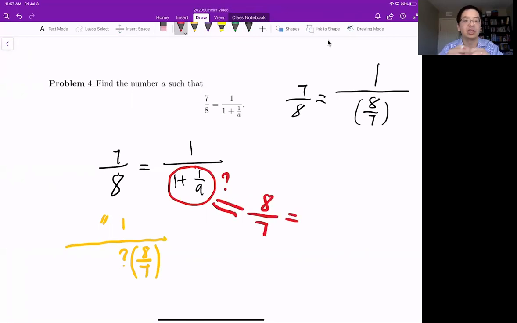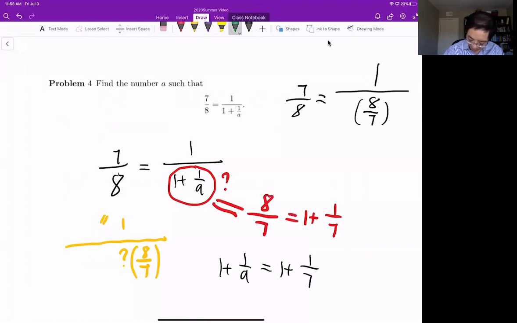Well, now we need to split 8/7 into 2 parts: one is the 1 and the other one is 1 over something. Clearly this can be written as 1 plus 1/7. Then if you compare, I get 1/(1 + 1/7), and this clearly tells us A equals 7, okay?